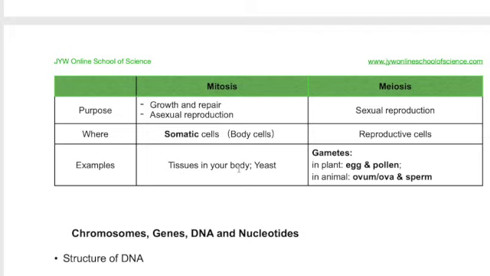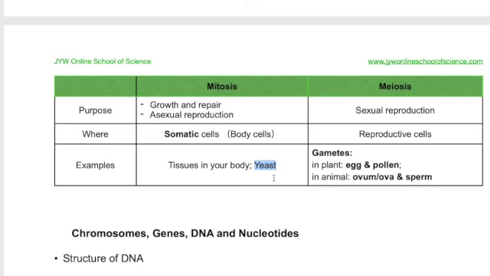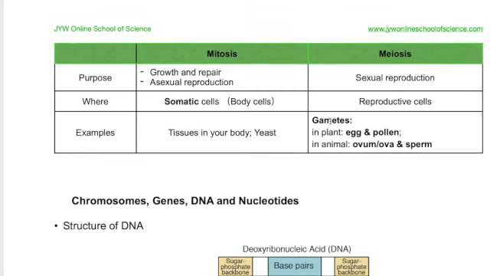So tissues in your body undergo mitosis. Also single-celled organisms, for instance yeast, reproduce themselves asexually, and therefore they also undergo mitosis to reproduce themselves. Whereas meiosis is to produce gametes.